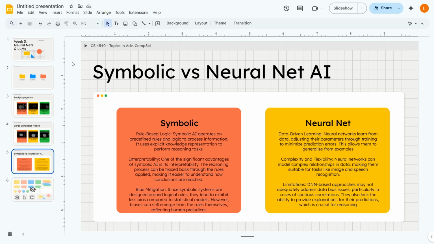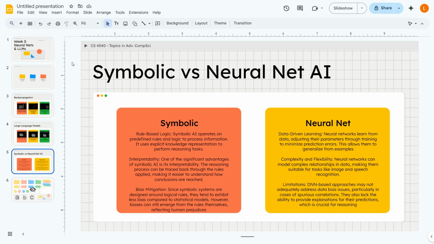As such, they exhibit less bias, being limited to the information fed to it, assuming there is no bias in the rules themselves. So it's a very straightforward kind of AI, simple, easy to follow through, and so it's used mainly for simpler tasks.